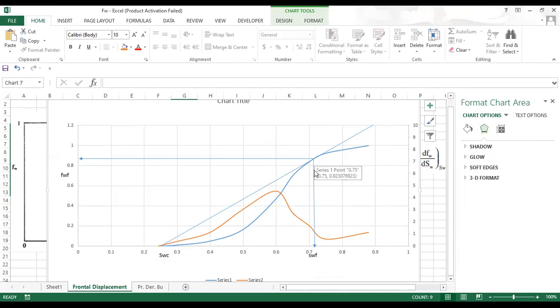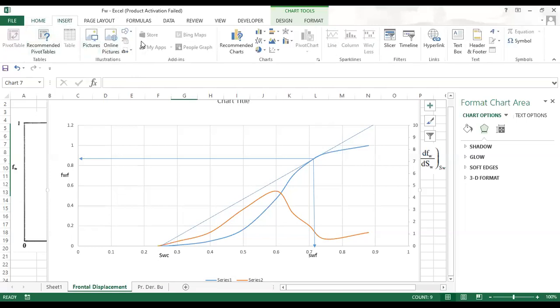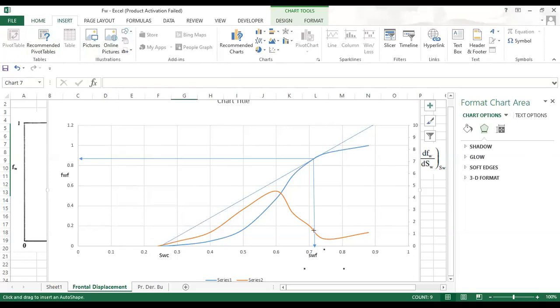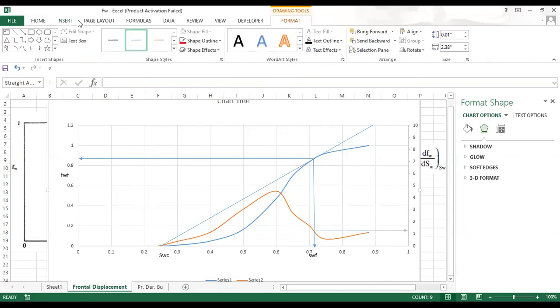So from here, I need to draw a straight line on this graph, and from there I need to project on the secondary axis. There is already a straight line, so I'm going to just project from the intersection of this point towards the axis. So this is exactly my dFW by dSW value.